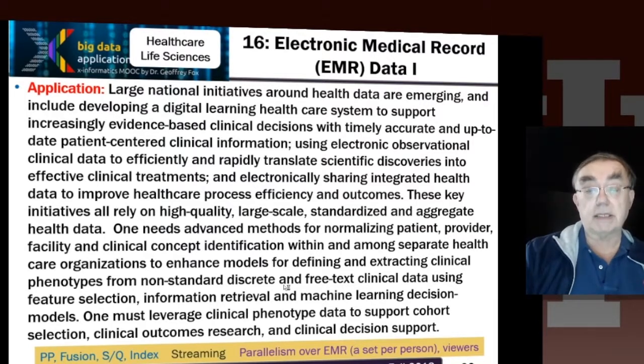So we need normalized ways of getting that information and recording the information. That's called having ontologies, which classify all the key things that we're trying to record. And we need to make certain that the information coming from different sources is properly interpreted in a uniform fashion. Then we need to be able to select cohorts, namely patients whose evidence would be relevant. And the net result is clinical decision support.